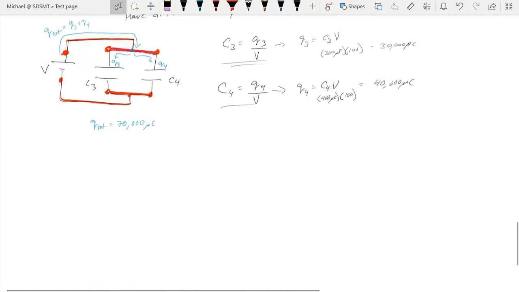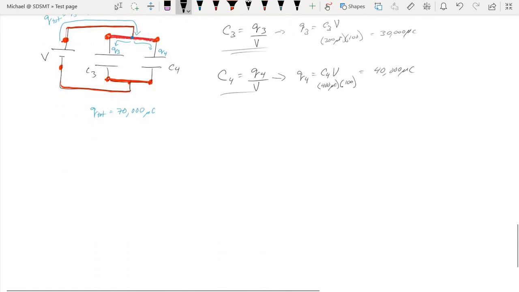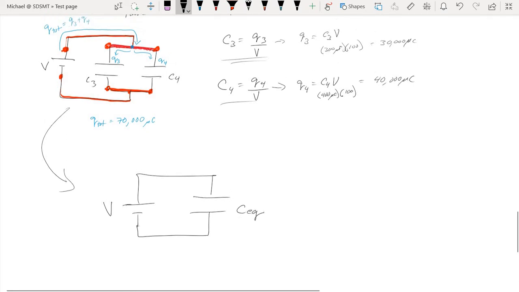We now have a system with parallel capacitors, but is it possible to replace capacitors 3 and 4 with one capacitor that will do the same job? And what do we mean by the same job?